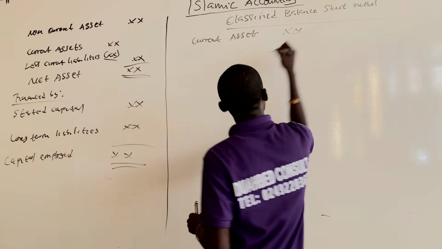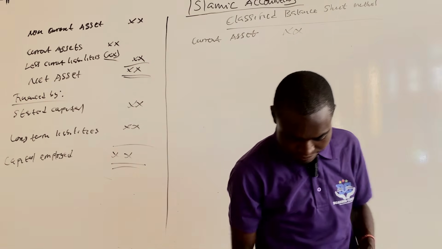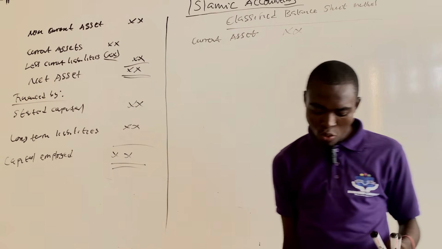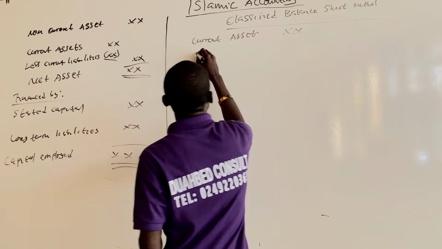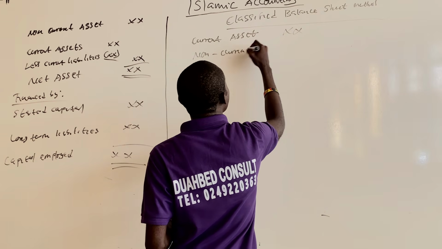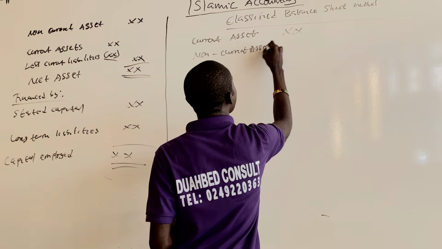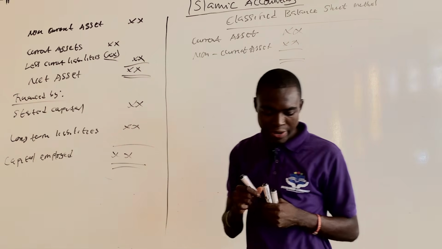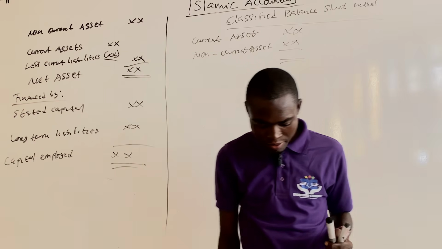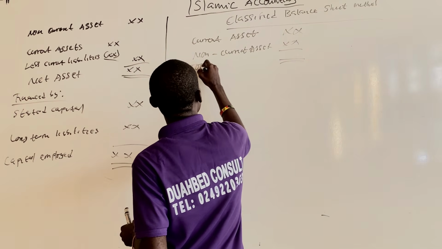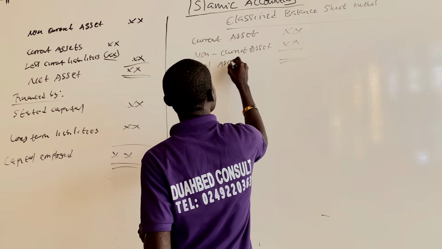And then you record the various current assets that we have. After that, you add non-current assets, and then that will give you your total assets.